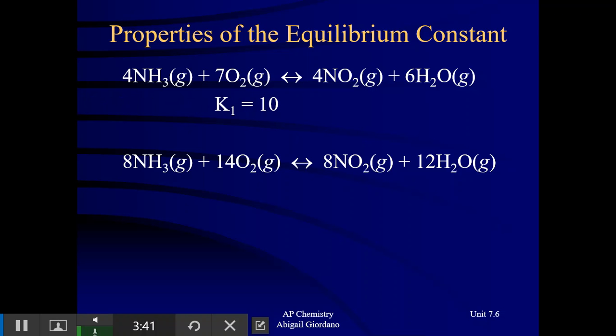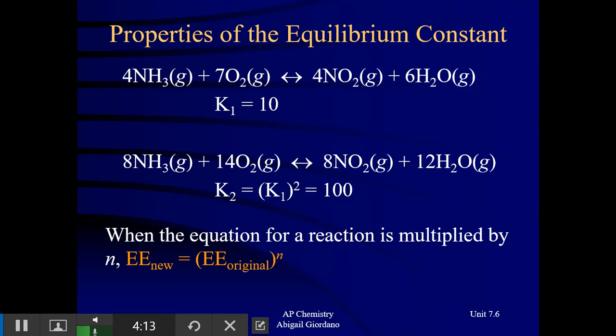Remember, where do coefficients end up in an equilibrium expression? They become the exponents. So if I've multiplied this reaction by 2, I'm not going to multiply the equilibrium constant times 2. I'm going to raise it to the power of the number that I multiplied by. I went from the top equation to the bottom by multiplying by 2, so I'm going to raise my original K value to the power of 2.